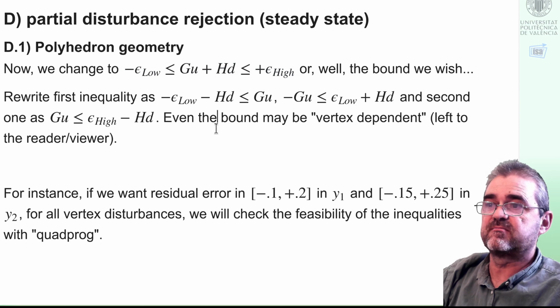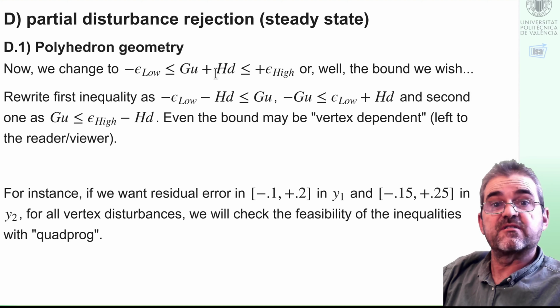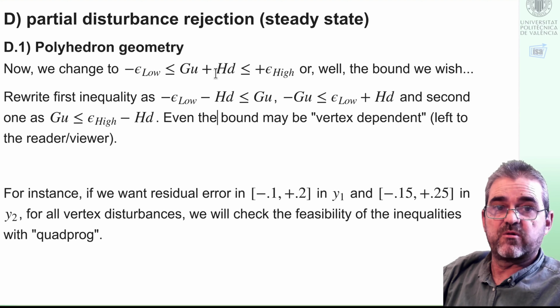For the moment, we have the constraints on my manipulated variables U, apart from, of course, the upper and lower bounds given by the increments. And if there is a feasible U, then our problem will have a solution.